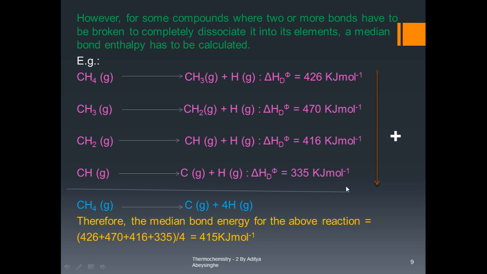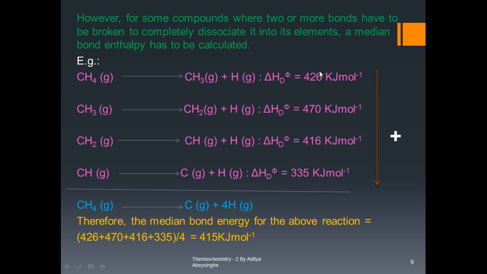Because of the difference of energies in these individual steps, although we add these steps, we don't take the total energy needed for such a reaction to be the sum of these energies. What you take as the energy required to dissociate CH4, the methane natural gas, into one carbon and 4 hydrogens is the mean of these energies.